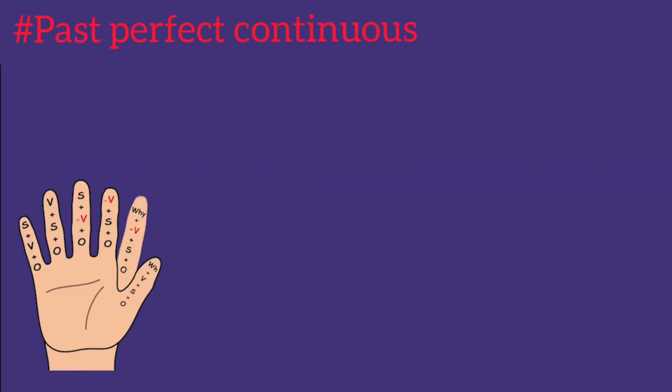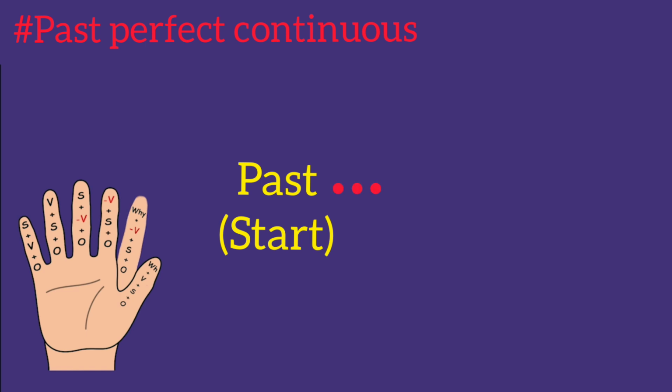Finally, to say an action which started in the past, went on for a period of time in the past and ended in the past itself, we use past perfect continuous tense. We usually use this form of tense for the purpose of biodata.